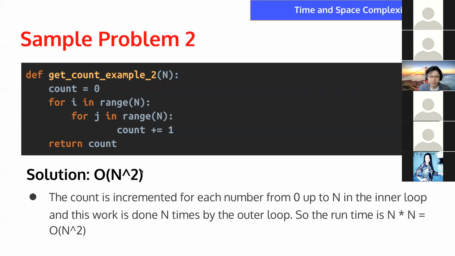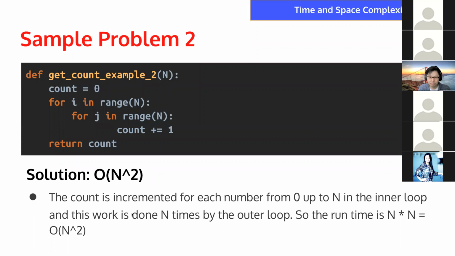To explain the reasoning, we're counting n times inside this inner loop, and then we're doing that counting n times through the outer loop. So we're doing n times n, which is n squared. And that's how the runtime works.